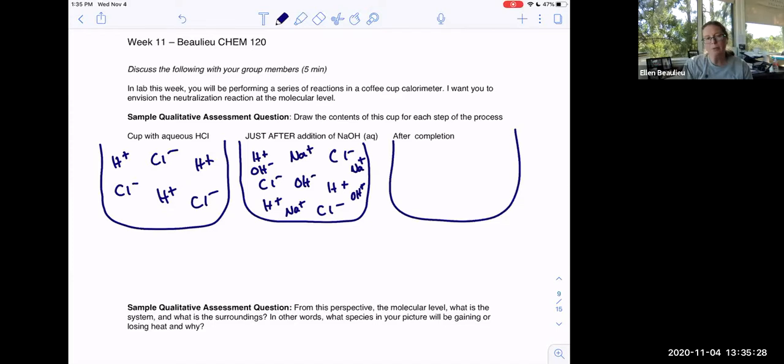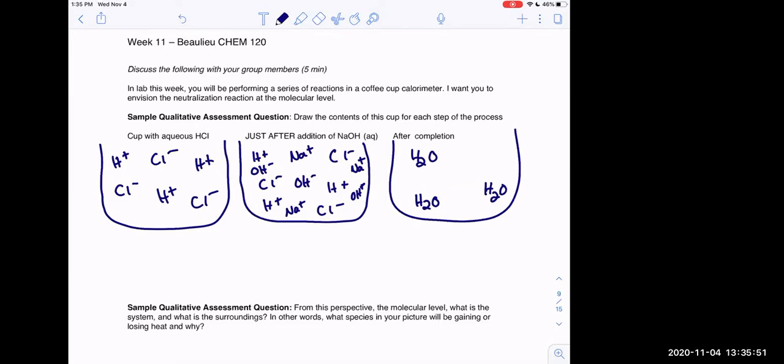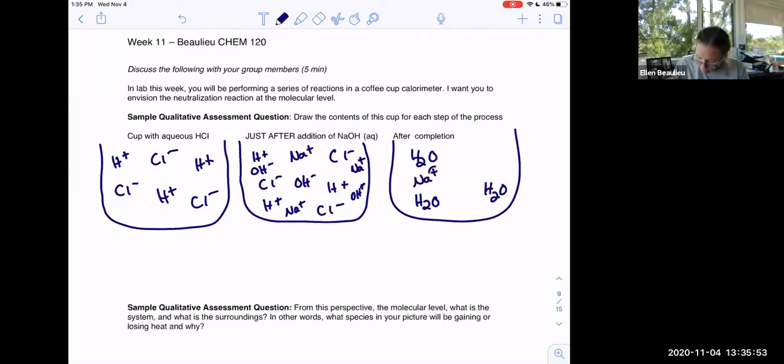Okay, I got all these ions together. What does this reaction produce? I heard somebody say water. I agree. It produces some water. What's the other product? Salt. Salt, NaCl. That's right. I'm still going to have some sodium ions, and I'm still going to have some chloride ions.